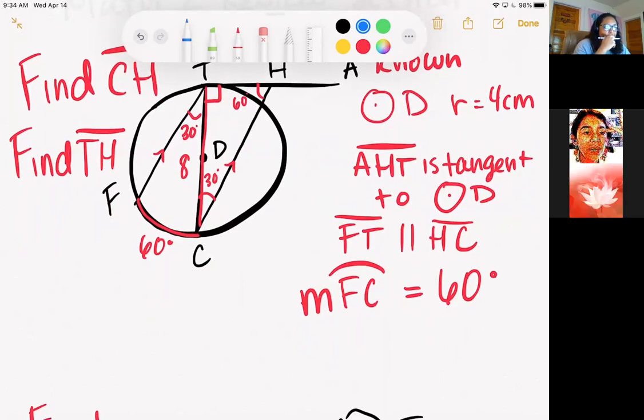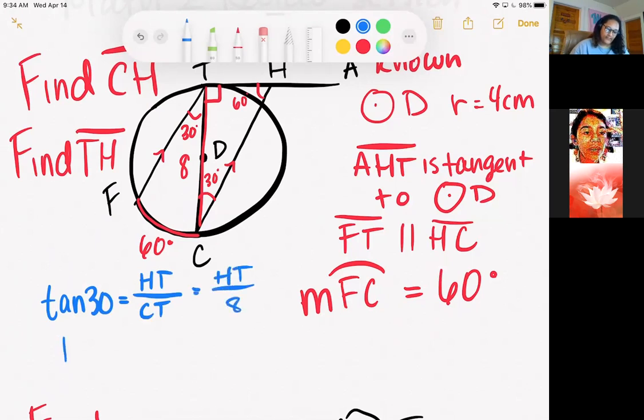Could you do tan of 30 and sine of 30 degrees? Yeah, so tan of 30 degrees equals opposite over adjacent. So opposite is HT and adjacent is CT. We know CT is 8. Therefore, HT is equal to 8 times tangent of 30 degrees.